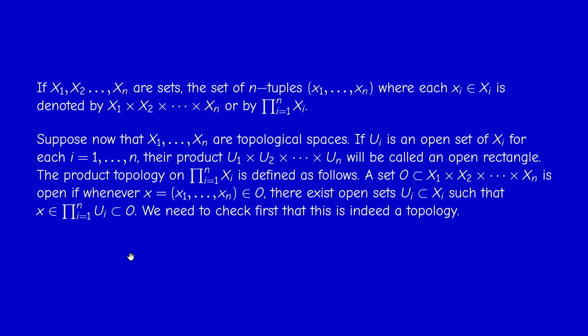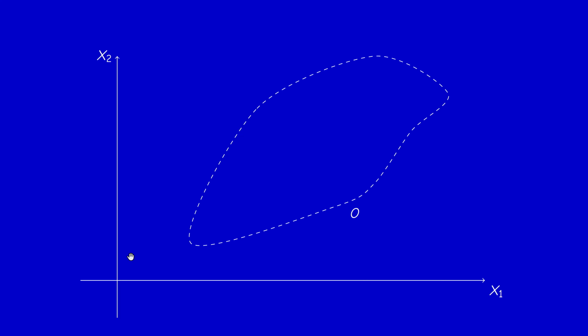So we have to check that this is really a topology. But first, let us illustrate what I mean by that, in the case of n equal 2, just the product of two topological spaces. So this is the set O. What do I mean by a set being open? If for every point x in the set O, so x is actually a couple, (x1, x2), it has two coordinates in this case, then we can find an open rectangle.